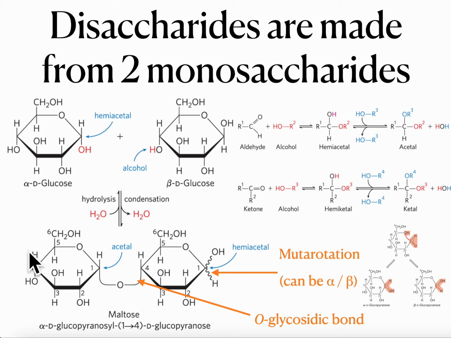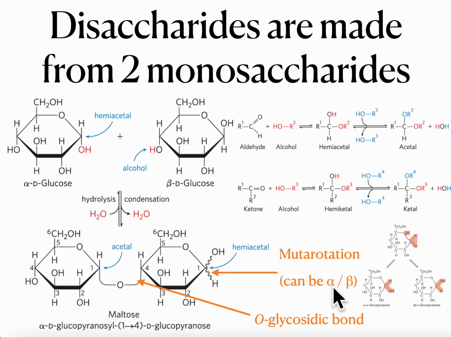In terms of representation of disaccharides, I would like to point out that the wavy lines here on the hemiacetal carbon of the glucose on the right side can be either alpha or beta, because this glucose will still be able to convert between its cyclic form and its linear form.